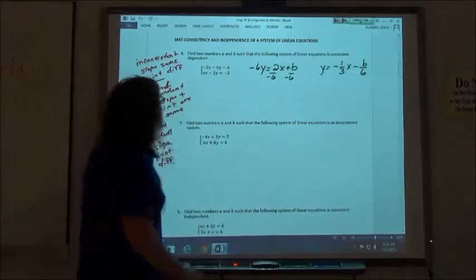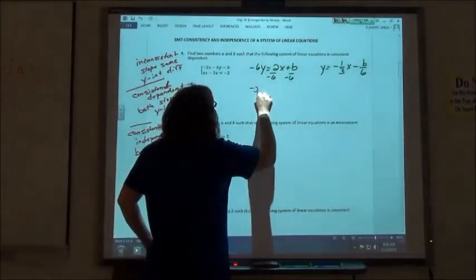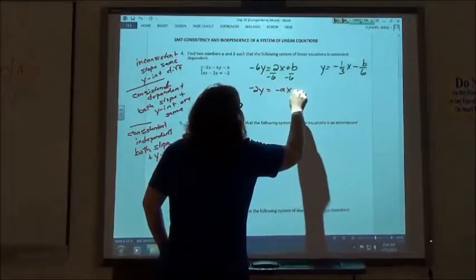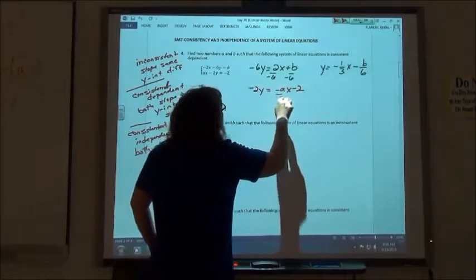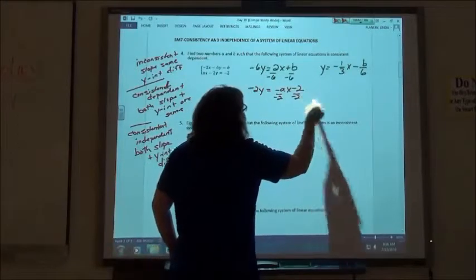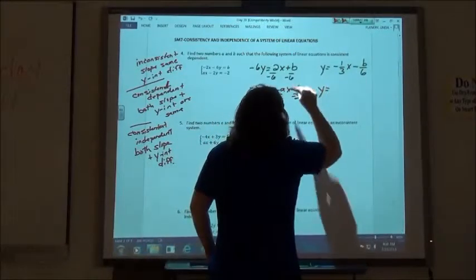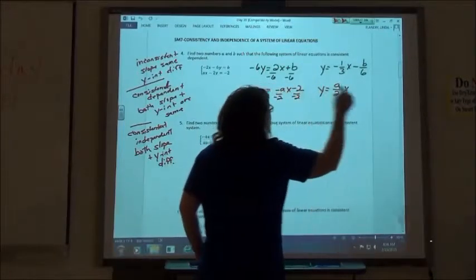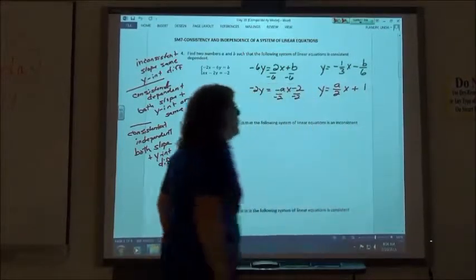On my second equation, negative 2y is going to equal negative ax minus 2. If I divide by negative 2, y is going to equal a over 2 x, and a negative over a negative is going to make that a positive 1.